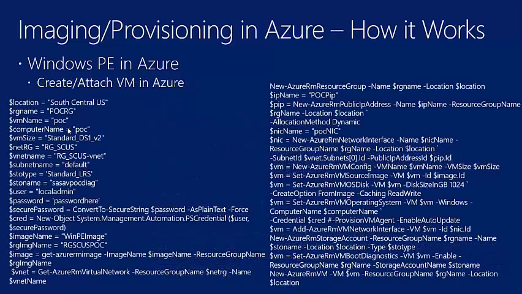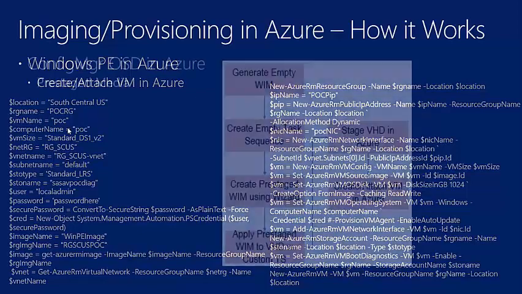The PowerShell for VMs really is convenient too, because you just need to add a few different pieces that PowerShell does really quickly for you. So the PowerShell script will load up the VM, add the NIC, create association with the VHDs, and on we go, right? Okay, so that's Windows PE in Azure. Well, we'll see that in a minute, right?